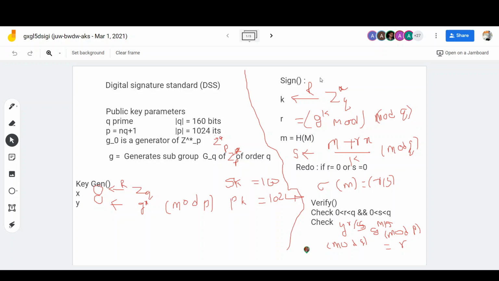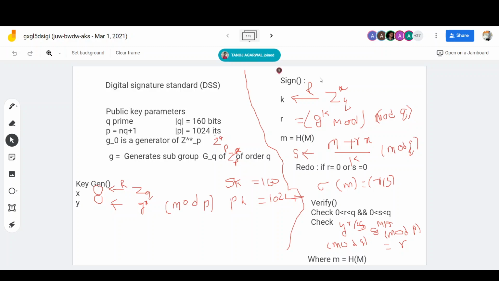What is the problem we discussed in the Elgamal digital signature? It can be compromised by an adaptive chosen ciphertext attack. This algorithm is also going to be compromised, because you are using this particular point: m equal to H of m.